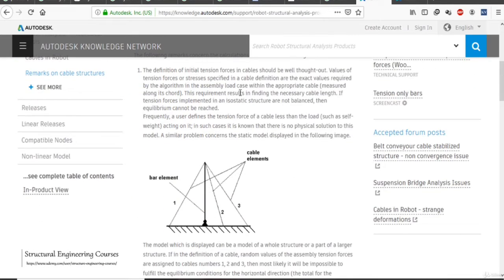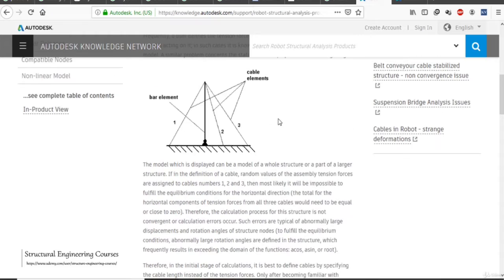The definition of initial tension force in cable should be well thought out. The values of tensile forces or stresses specified in cable definition are the exact values required by the algorithm in the assembly load case with the appropriate cable measured along its chord. So this is also another practical example, and this is the example that we shall do in this particular lecture.